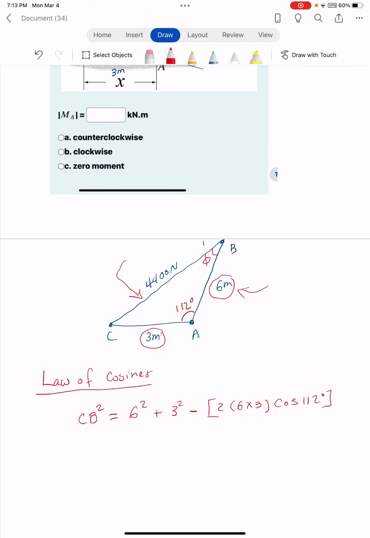Okay, so cosine 112 times 3 times 6 times 2, and at the end it's a minus, so it's going to be plus 36 plus 9 plus 13.48, under the square root. This is CB squared, so CB is 7.65 meters. So we found the distance from C to B.